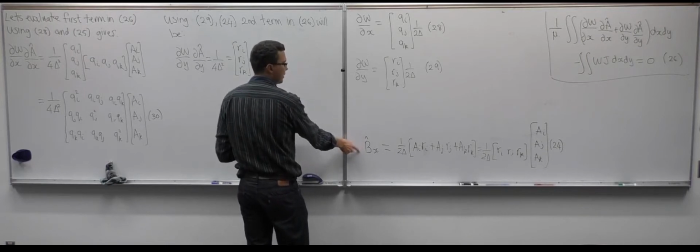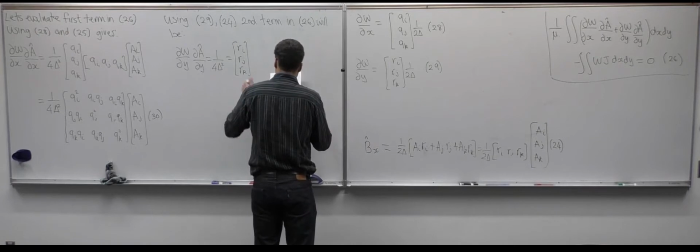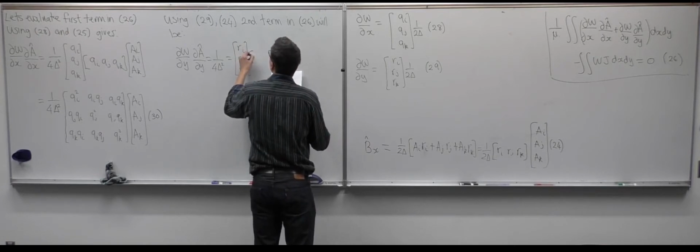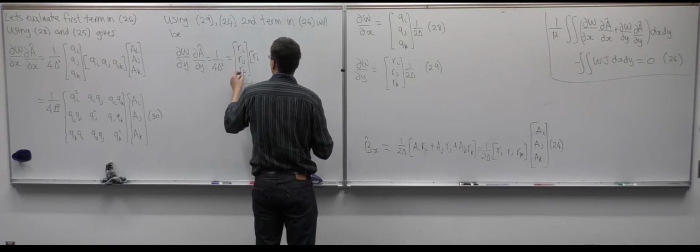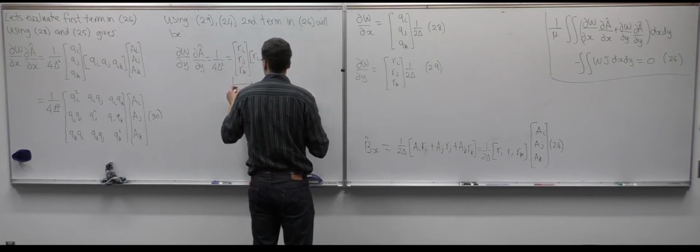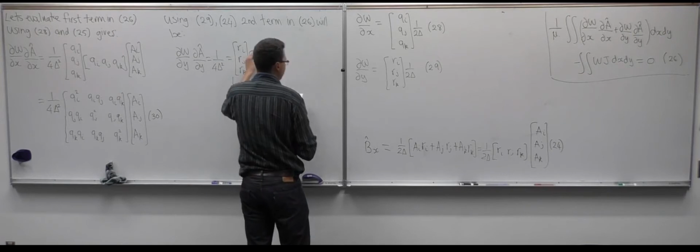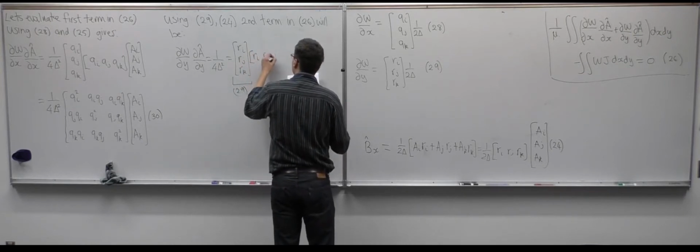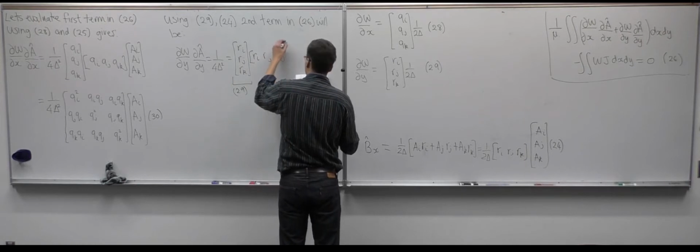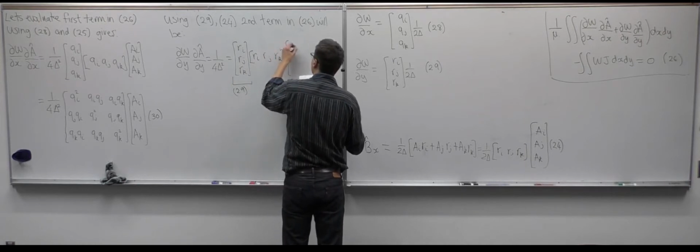That's the Bx. So we get times, so this is from 29, and the next term is from 24. So we have Ri, Rj, Rk multiplied by Ai, Aj, Ak, like that.